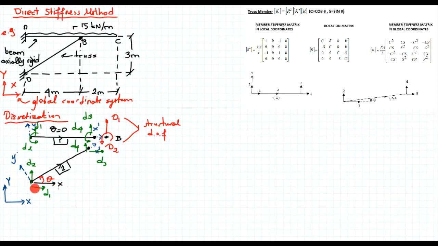The second degree of freedom at the start node will be in the global y direction. The third degree of freedom will be at the end node, in the global x direction. And the fourth degree of freedom will be again at the end node in the global y direction. So we determine everything. So we are showing in the discretization all the global degrees of freedom, local degrees of freedom, members, nodes, and all the rotation angles.